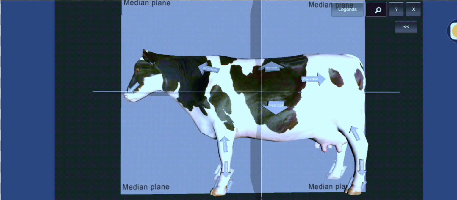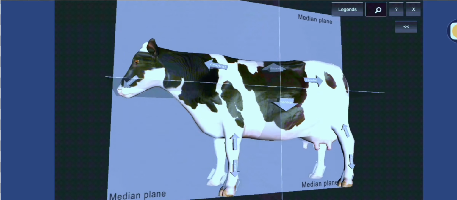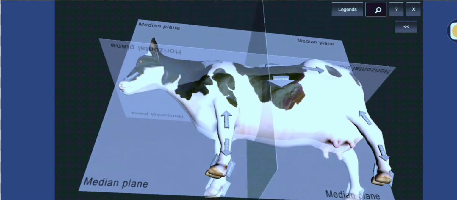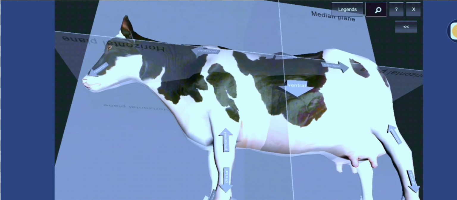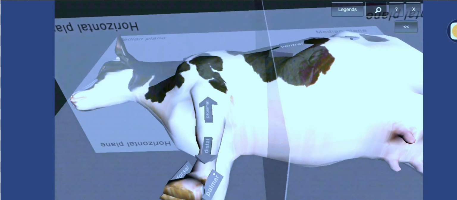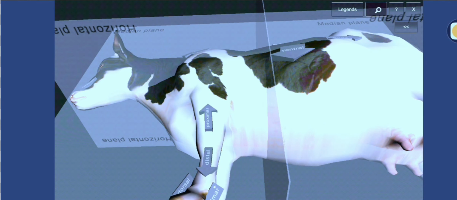Next, the remaining terms, distal and proximal. Let's see about proximal and distal. They specify how near or how far something is.